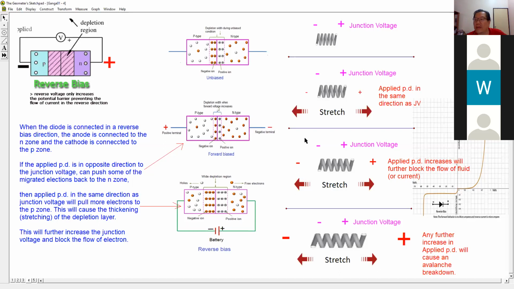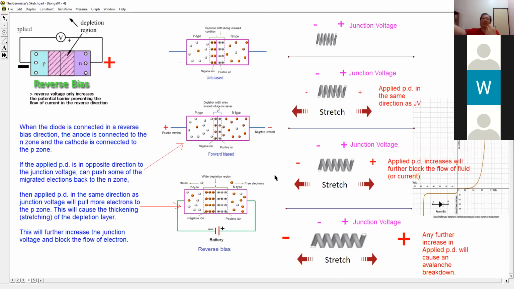So in diagram 3, on the reverse bias, why is it stated negative ion and positive ion, sir? Actually you can call it electrons and holes. Let's say this is the silicon atom.